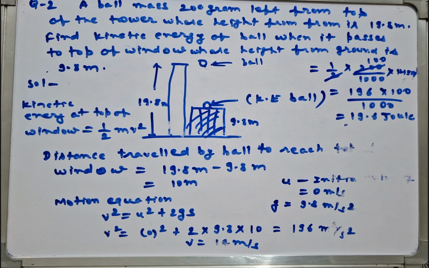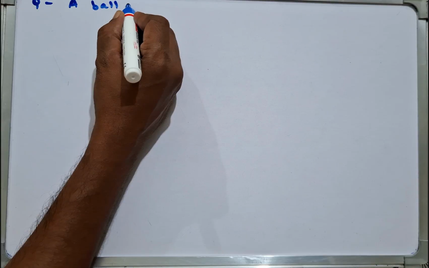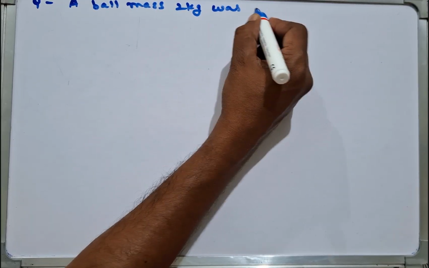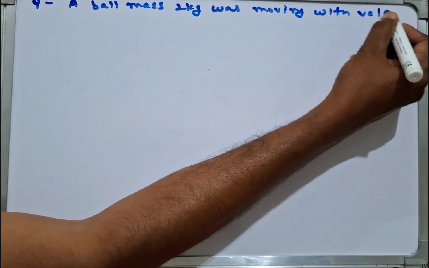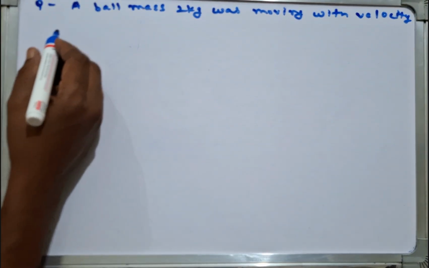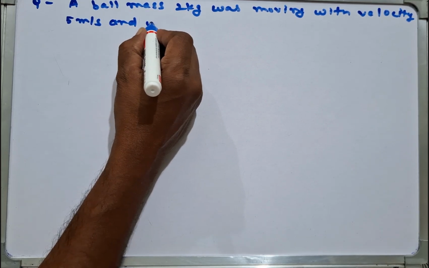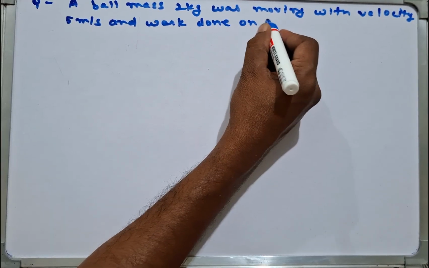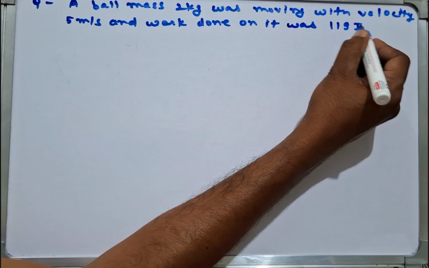Okay, now see another question. A ball of mass 2 kg was moving with velocity 5 meter per second and work done on it was 119 joule.